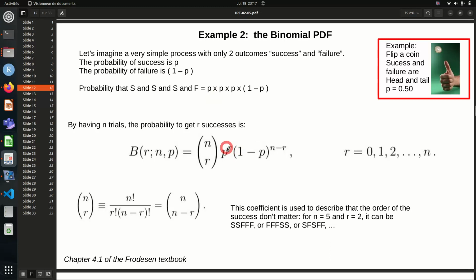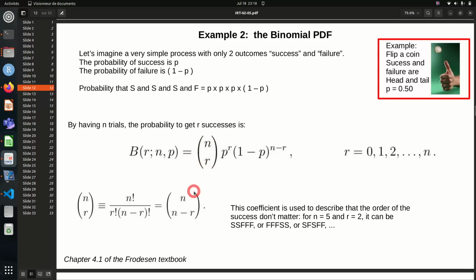So we have R success and N minus R failures. So in practice, you can flip a coin. You flip a coin N times, and out of these N flips, you have R successes and N minus R failures. So this is pretty straightforward. What about this part here?